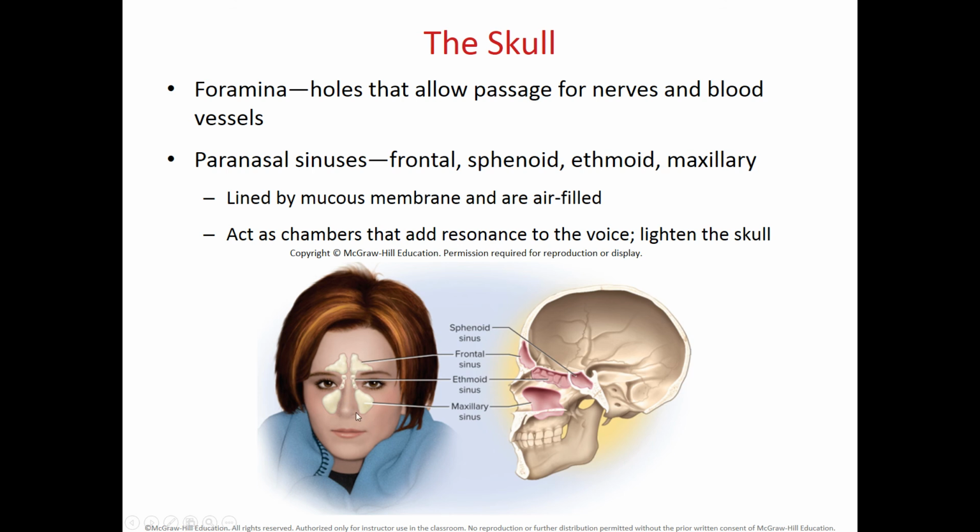This is the anterior view of these sinuses. So here we have the frontal sinuses above the orbit, which is this area. Then in here we have the ethmoidal cells or sinuses, and then here on the sides of the nose we have the maxillary sinuses. And this will be the mid-sagittal cut of the skull showing you these cavities.